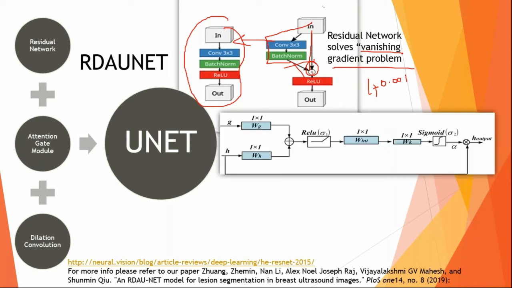The second thing is, as I told you, the attention gate modules. This is from the encoder output. This is from this lower layer of the decoder.